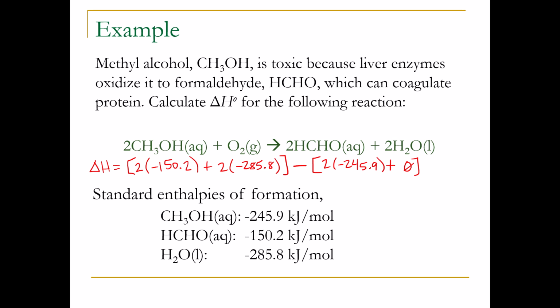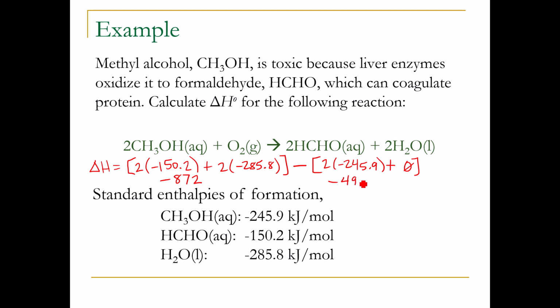Alright, now we just have to complete our math. So I will point out something to make sure that you are aware of. We are subtracting everything on the reactant side, so make sure to distribute your negative appropriately. So if we look over here first, we have our negative values for both of these, so we're going to get a very large negative number first. And I get negative 872 here. And then, of course, this is going to be a negative number on this side.